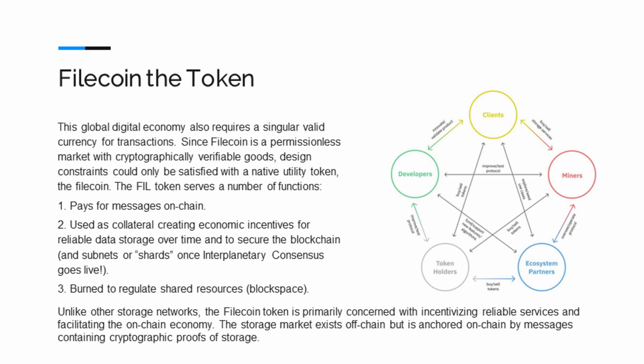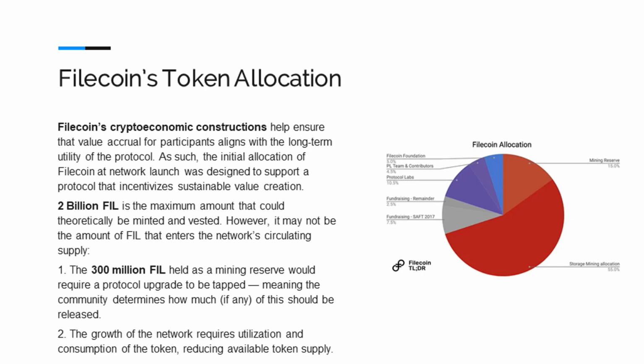Crucially, this means that the token can accrue value without creating undue pressure on users of the network's various services, while token holders can still benefit from FIL consumption due to increased utilization. Filecoin's crypto-economic constructions help ensure that value accrues for participants aligned with the long-term utility of the protocol.